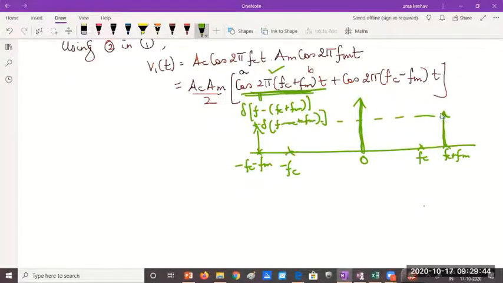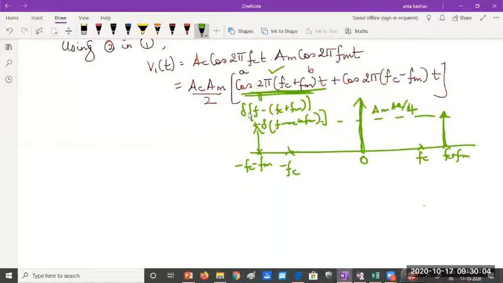And what is the amplitude level? For everything, the amplitude level is AmAc by 2. If I write a two-sided spectrum, I should divide this amplitude by another 2, so it becomes AmAc by 4. Why should I divide by 2?